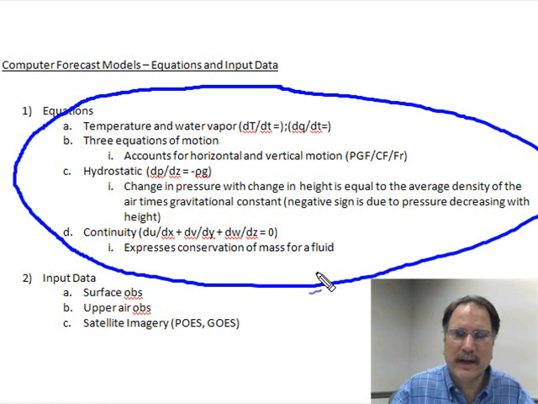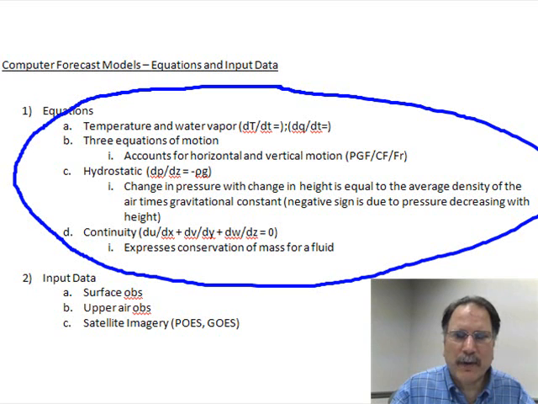The GFS, Global Forecast System computer forecast model, goes out 384 hours or 16 days. And each one of these has some differences in the resolution of the models, both in the vertical and the horizontal, and the spacing between the grid points where the output parameters are displayed in graphical format.